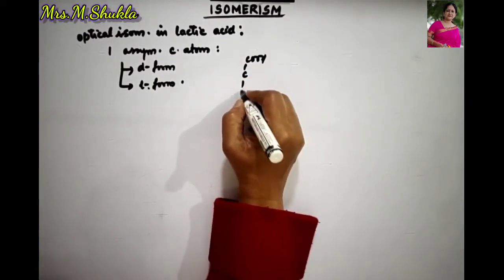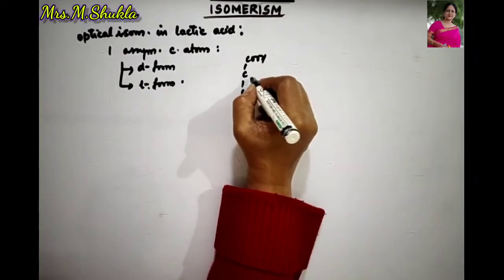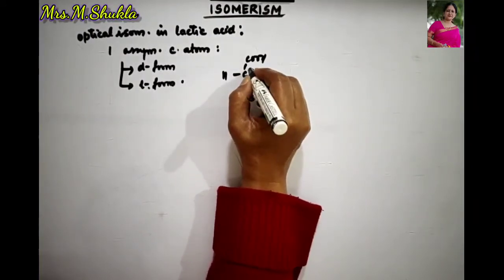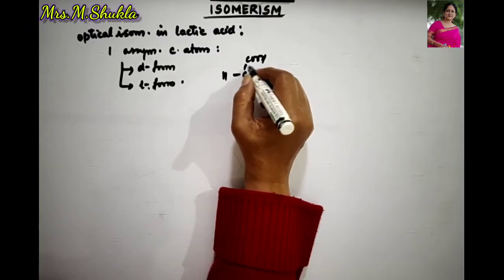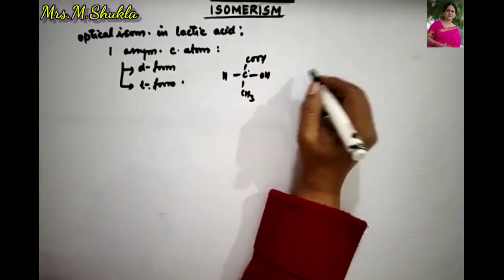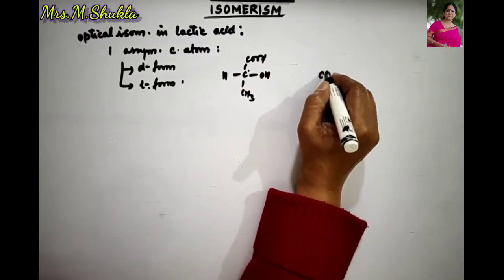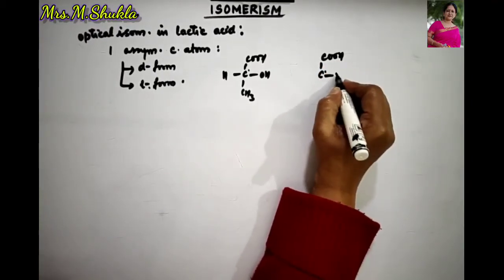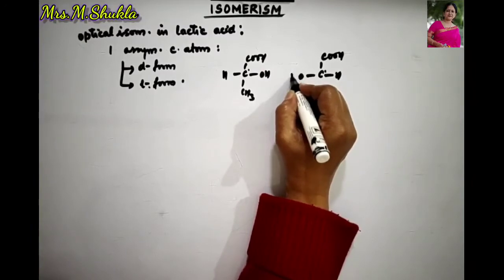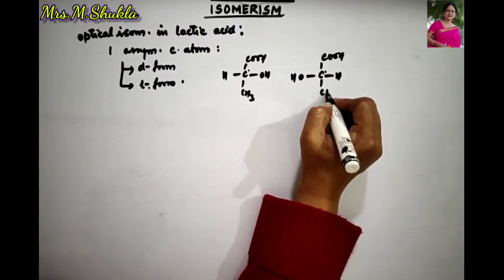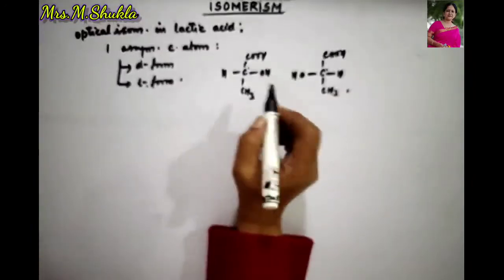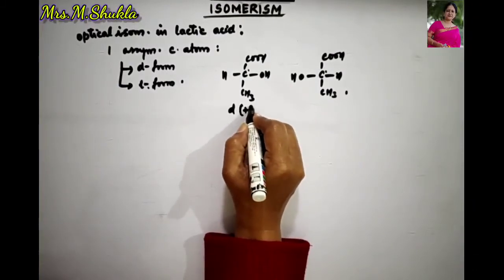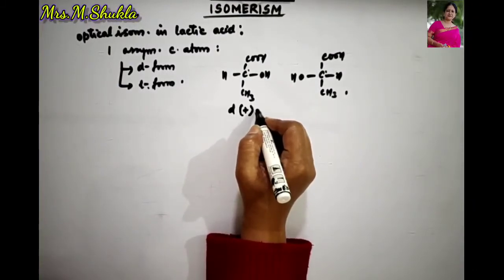Okay, so for example, if you see over here, COOH, CH3, OH, H. Okay, this is your asymmetric carbon, right? And now see here, this one is your D, or you may say the plus lactic acid, right?